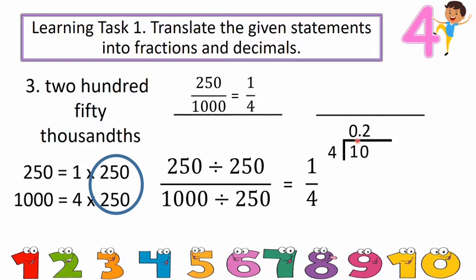Then multiply 2 times 4 is 8. Then 10 minus 8 equals 2. Then again, add 0, so bring down 0. 20 divided by 4 is 5, and 5 times 4 is 20. So 20 minus 20 is 0. Therefore, the decimal form of 1/4 is 25 hundredths.